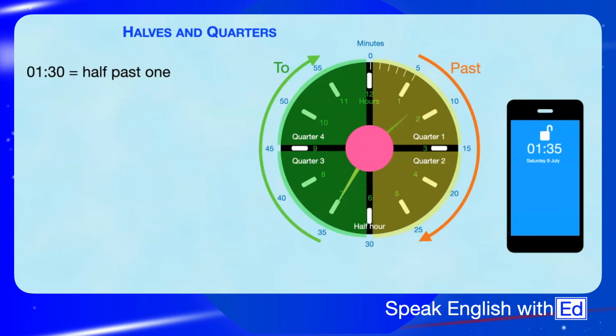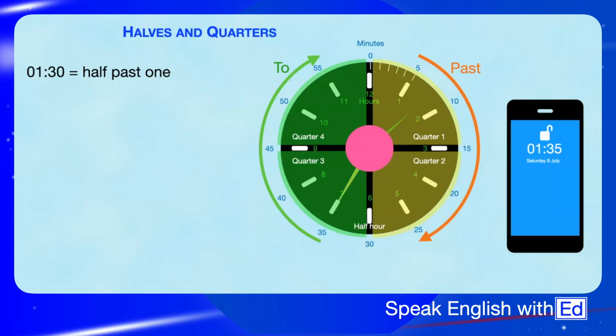When we start going up, do you remember what happens now? We start going up, it's got to 1:35, but we don't say 35 minutes past 1. What we say is it's 25 minutes before 2, because if you count, there's 35, 40, 45, 50, 55 and 60, is 25 minutes before 2 o'clock.